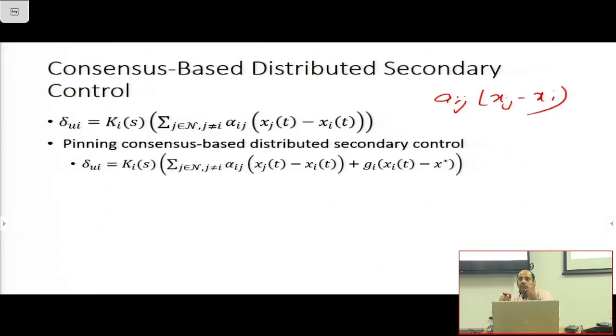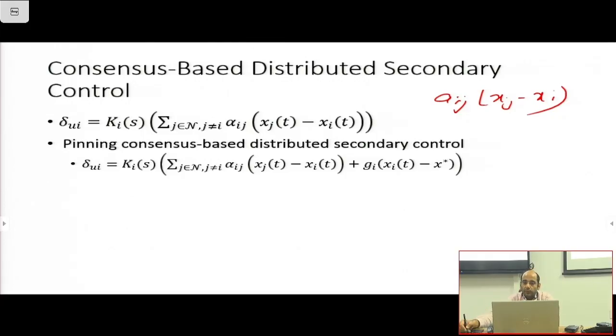So let's say a12 is 1. So x2 minus x1. Likewise, let's say the second source, for example. Let's say the second source is talking with first as well as is talking with third. So a21 and a23, both terms are there.